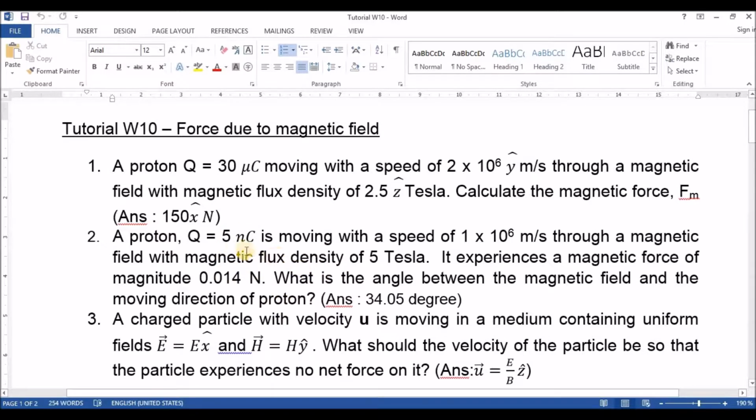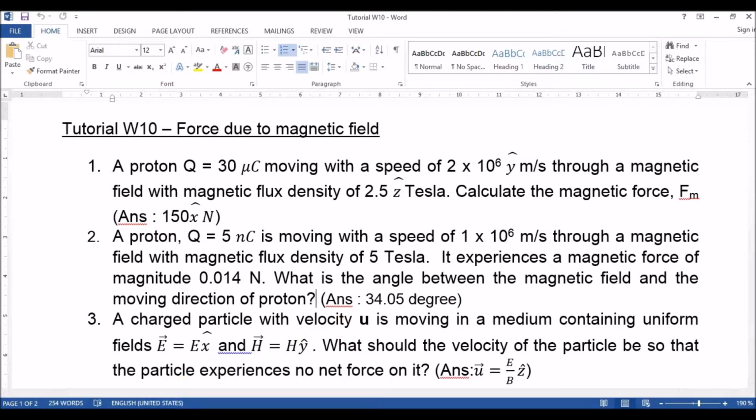If you look at this question, they give you the Q, the speed and also the B, but they didn't mention the direction of U and B. But they give you the value of the force. They want you to find the angle between the magnetic field and the moving direction of the proton. So you need to find the angle.